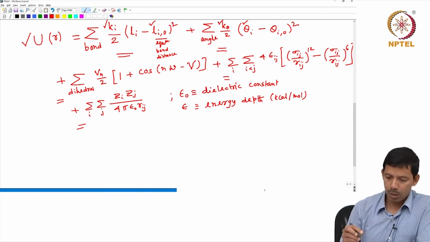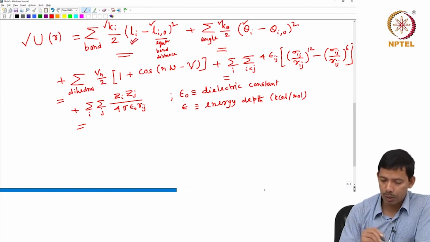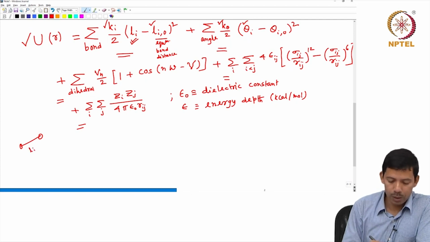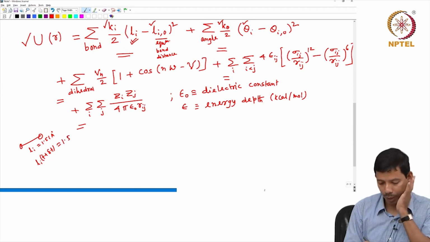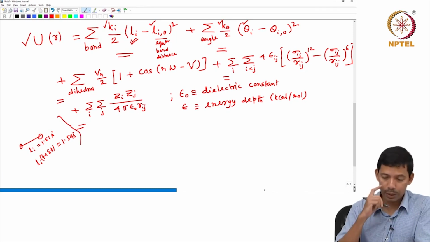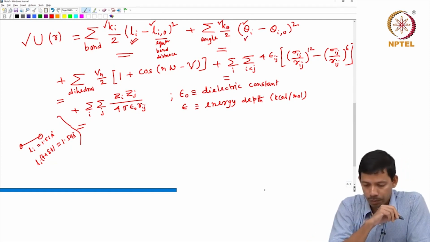So in this whole expression, as I said before, Li is an instantaneous quantity. Li varies. When the bond stretches, my Li could be 1.51 angstrom at some point, and at another instant, at time t plus delta t, it could be 1.54 angstrom. So Li is the instantaneous value of the bond distance. Likewise, theta I is the instantaneous value of the angle.